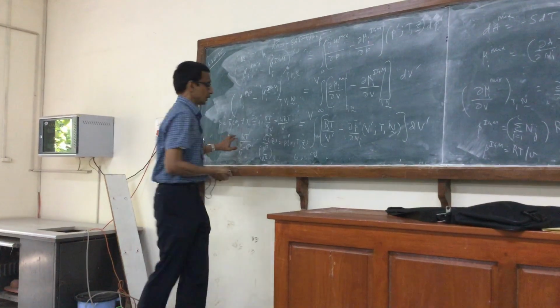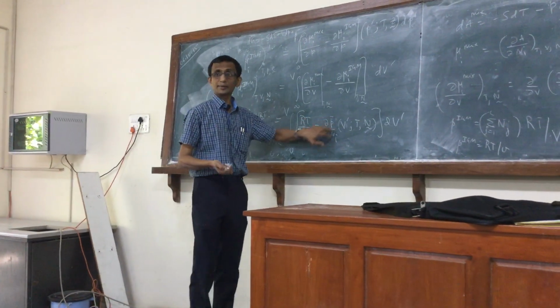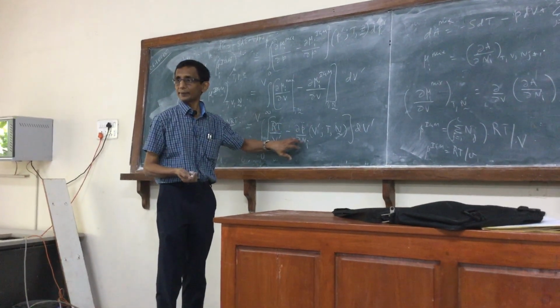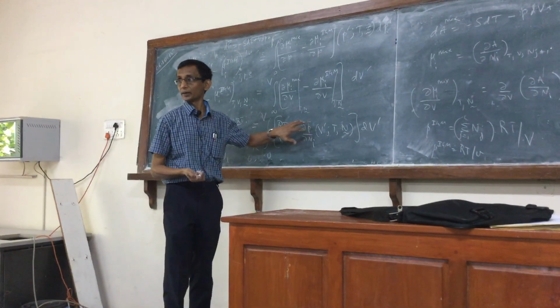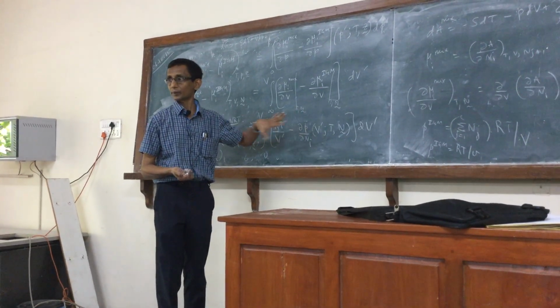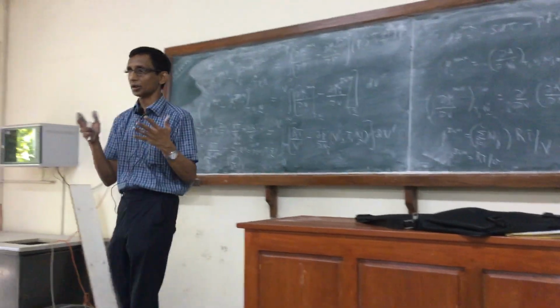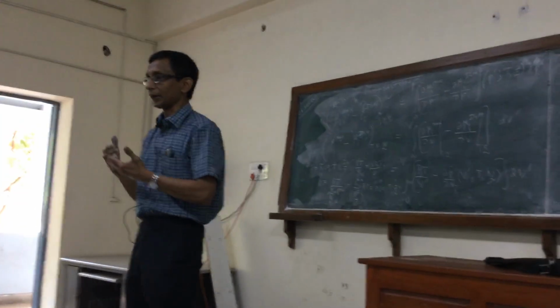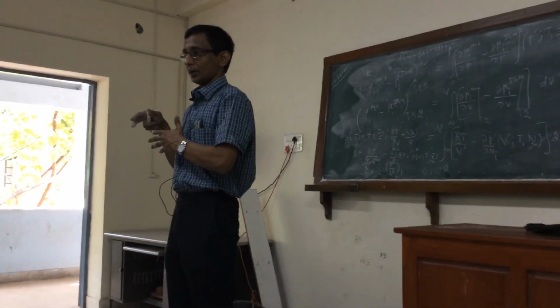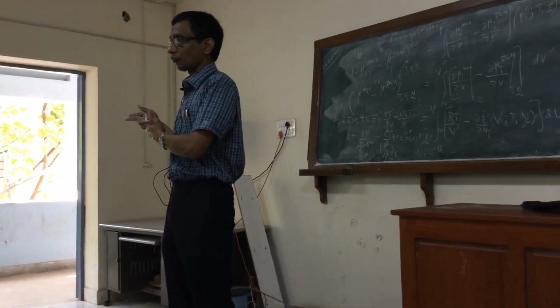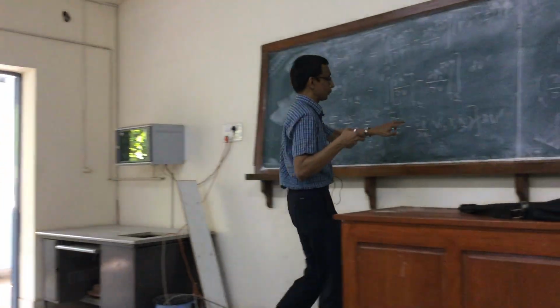So it's very trivial to express the pressure, and this is not going to be equal to d by dzi of P. It's quite a different quantity here. So it's a bit difficult to establish a relationship between dP by dzi, with v, T and the other mole fractions fixed, and dP by dNi.